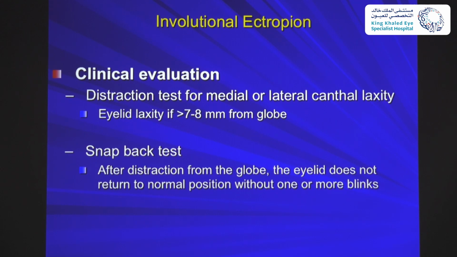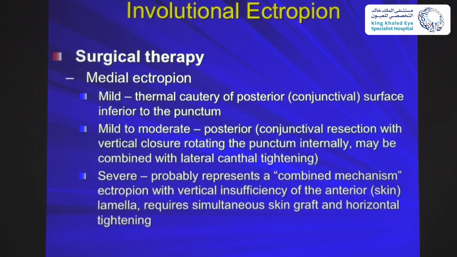Distraction test again, and also measurement of the lid laxity, how lax, or the distance between the globe and the eyelid also helps in making the diagnosis. And snapback test, again, helps in making that diagnosis.